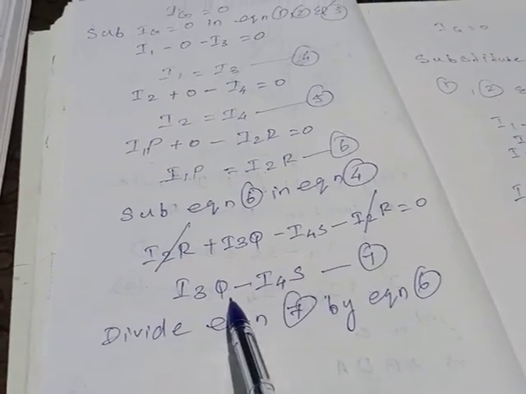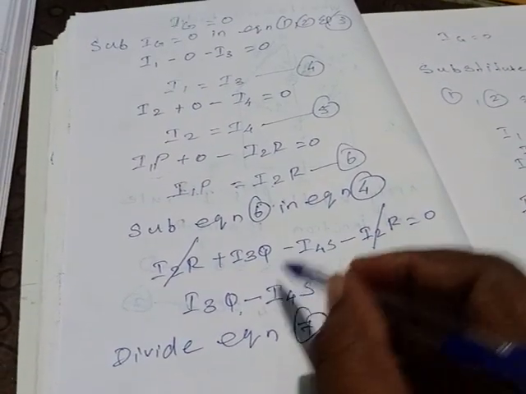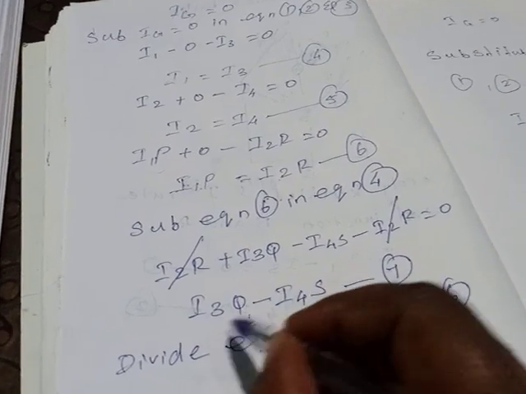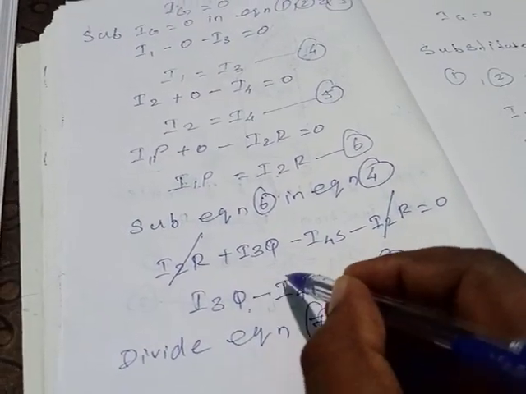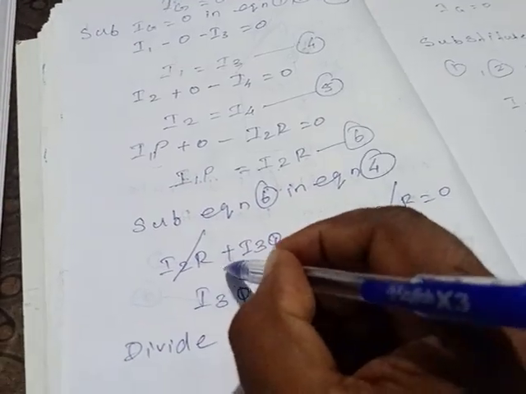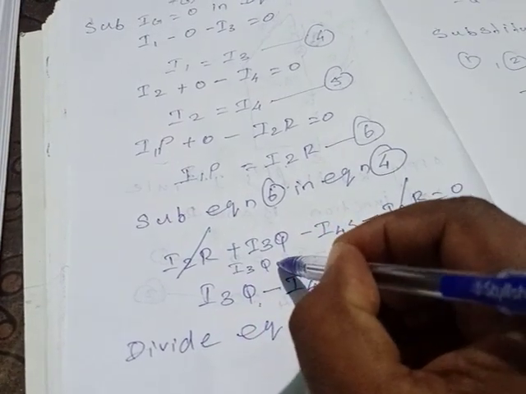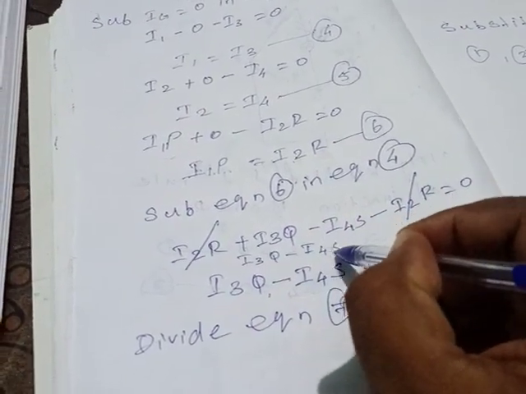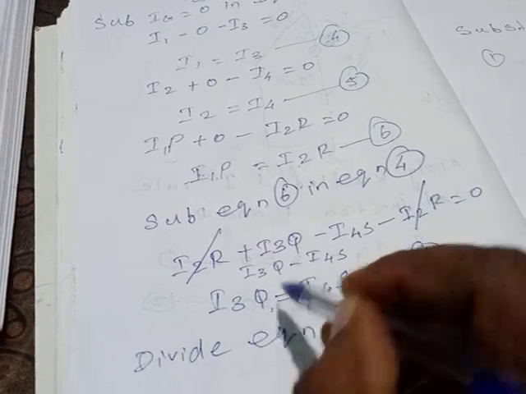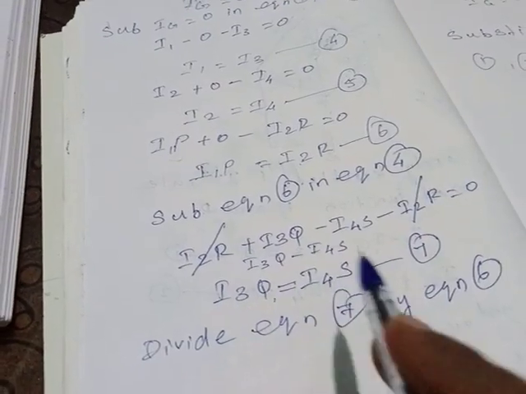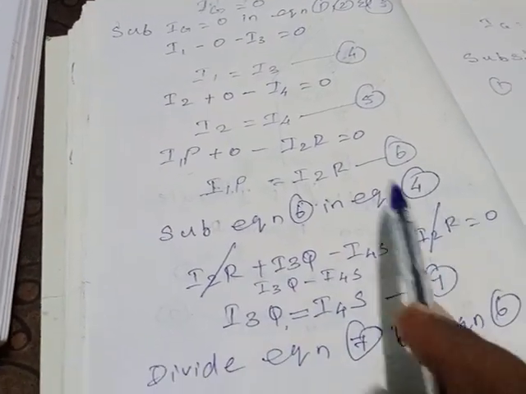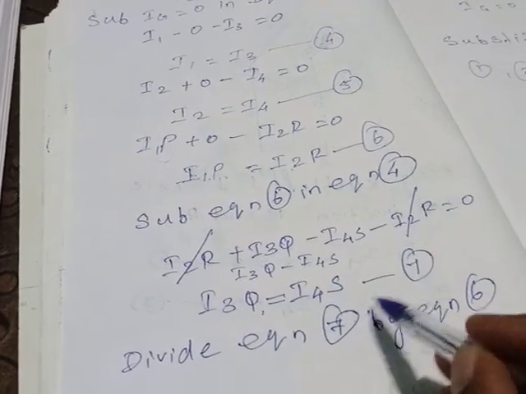This is equation 6. This is equation 7. These two you divide. This equation 7 you can write I3Q minus I4S, you can write I3Q is equal to I4S.